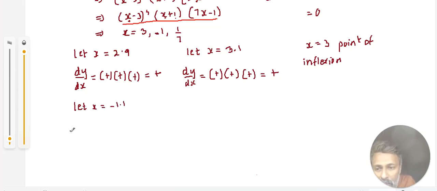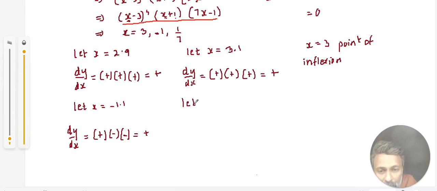So dy upon dx is equal to minus 1.1 minus 3 raised to 4 is positive. Minus 1.1 plus 1 is negative. 7 into minus 1.1 minus 1 is also negative. Positive, negative, negative is positive.